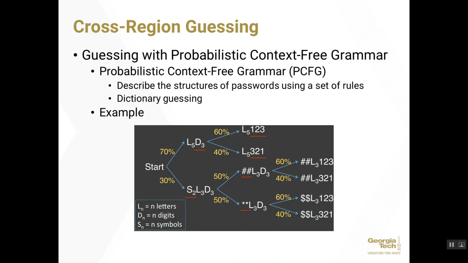The 3 digits may be 1 to 3 with the probability 60%, or 3 to 1 with the probability 40%. The 2 symbols may be 2 hash signs or 2 stars with equal probability. And we will fill the letters using the dictionaries. So every password we generate has a probability, and we can guess the passwords in order of probability.